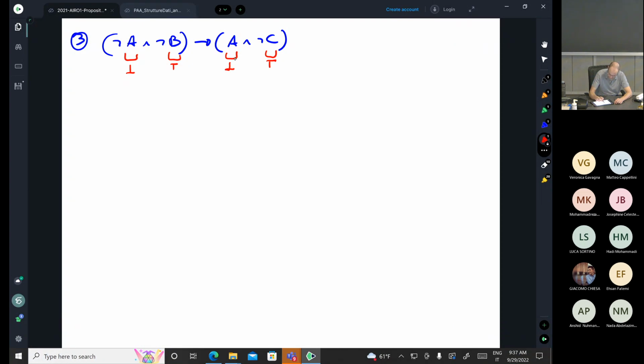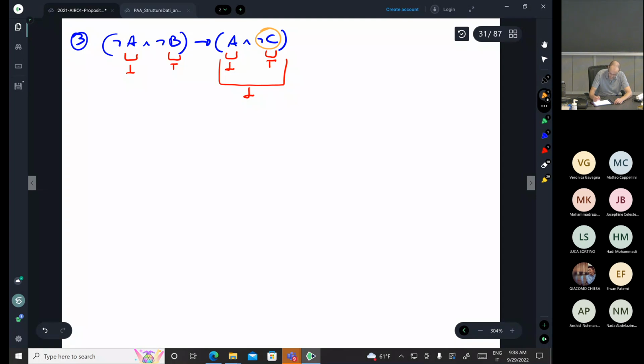Okay, we can save us some time here because we already see that this is false. It's a conjunction, so the whole thing is false. We don't need to evaluate this.